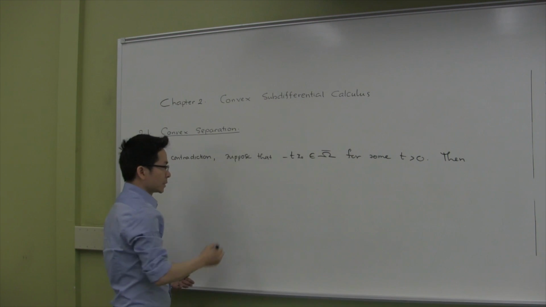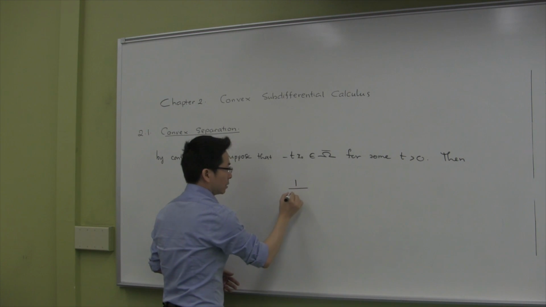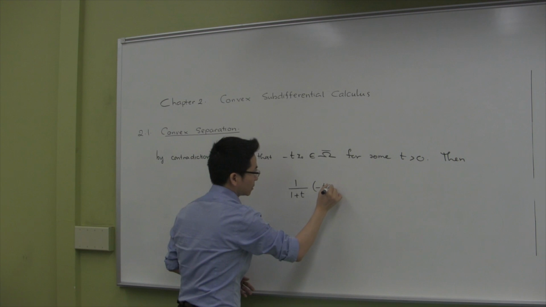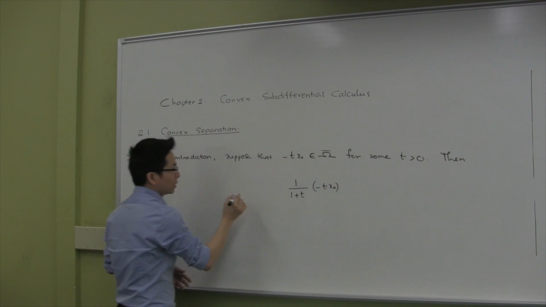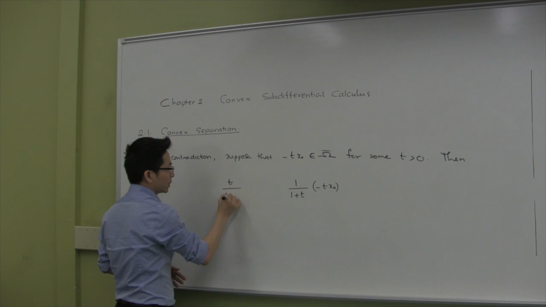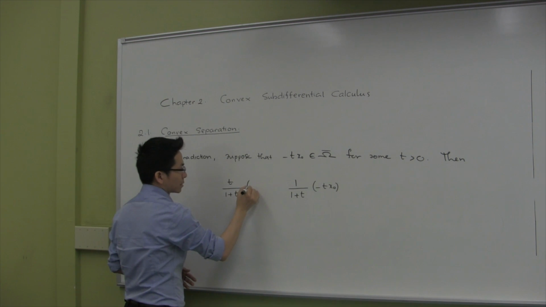Look at 1 over 1 plus t times minus t x0, and here we look at t over 1 plus t times x0.